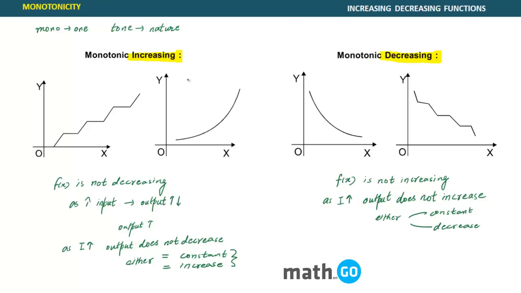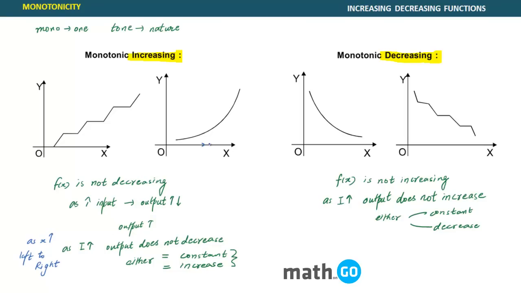Now let me show you with the help of a diagram. When I say input increases, as a layman I can say that input increases means as x increases. So on the number line, x increases if you travel from left to right. If you move from left to right, that means your input is increasing.